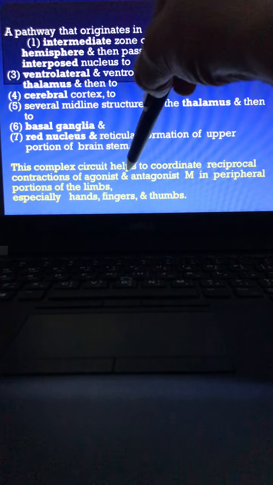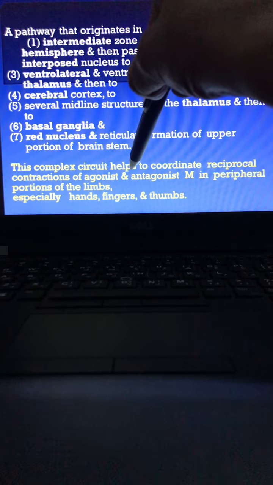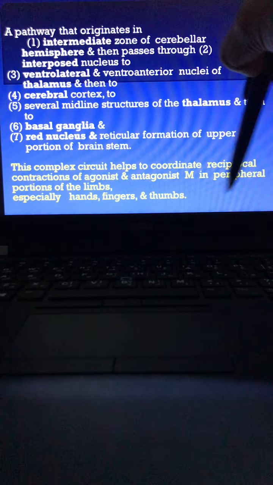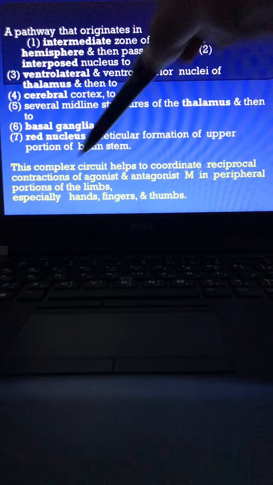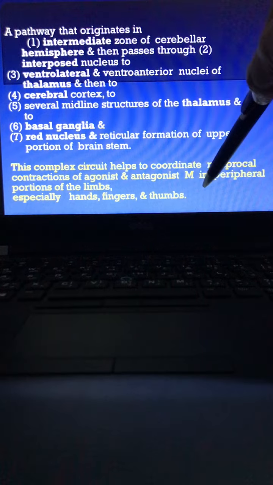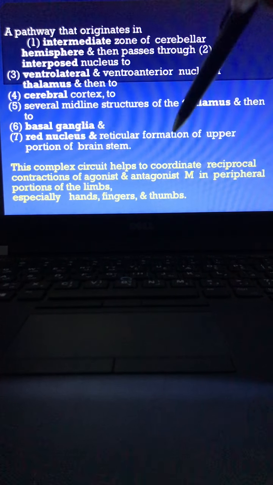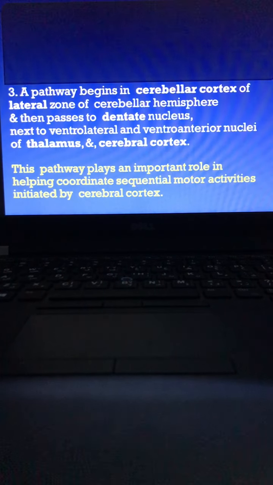This complex circuit, with its steps and complexity, helps to coordinate reciprocal contractions, back and forth, of agonist and antagonist muscles in the peripheral portions of the limbs, especially hands, fingers and thumbs.